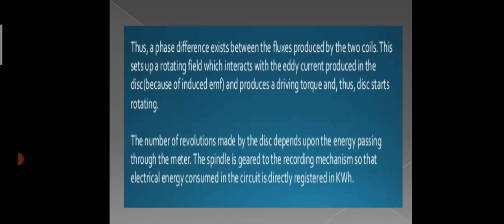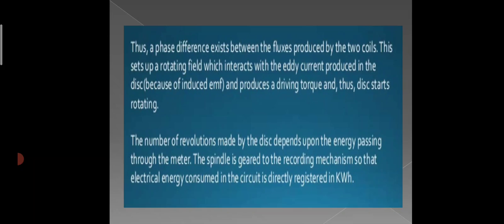Thus, a phase difference exists between the fluxes produced by the two coils. This sets up a rotating field which interacts with the eddy current produced in the disc and produces the driving torque, and the disc starts rotating. The number of revolutions made by the disc depends upon the energy passing through the meter.